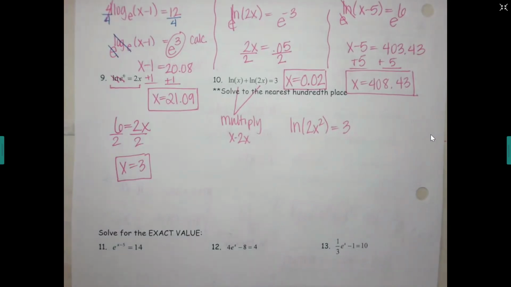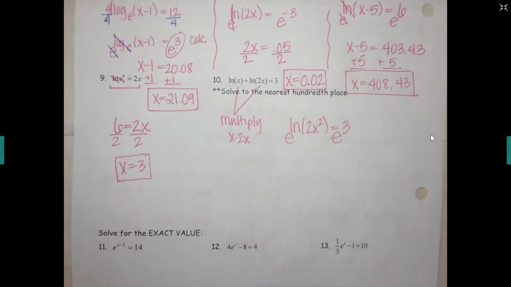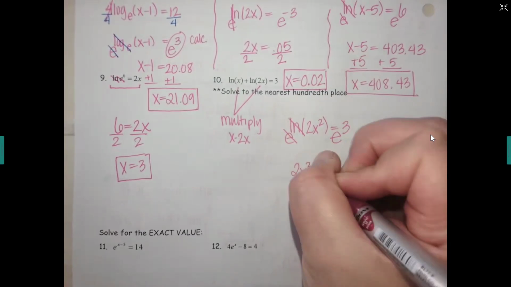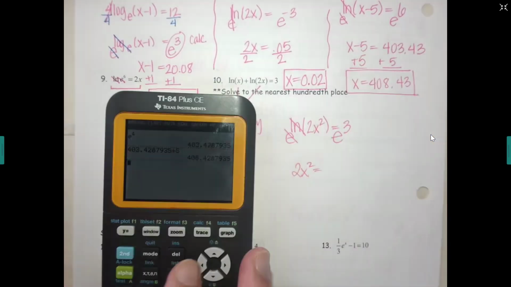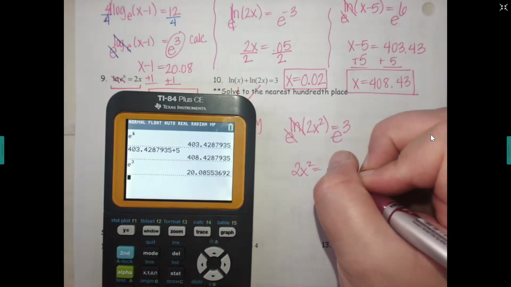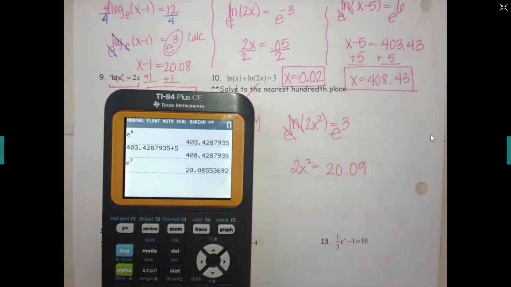And now how can I get rid of the ln? Big E on both sides. Very good. So my e and my ln are going to cross out. I have a 2x squared equals e to the 3. We did, it was 20.08 followed by a 5.